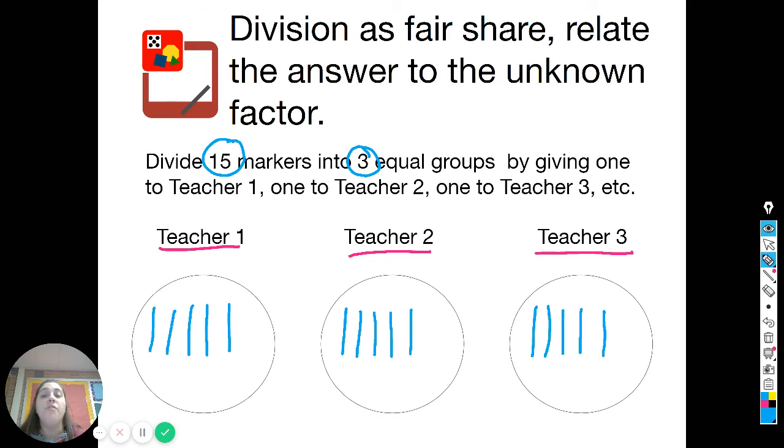Now we've given away all 15 markers. We've shared them equally between the 3 groups or the 3 teachers. Now our next job was to count how many markers go to each teacher.